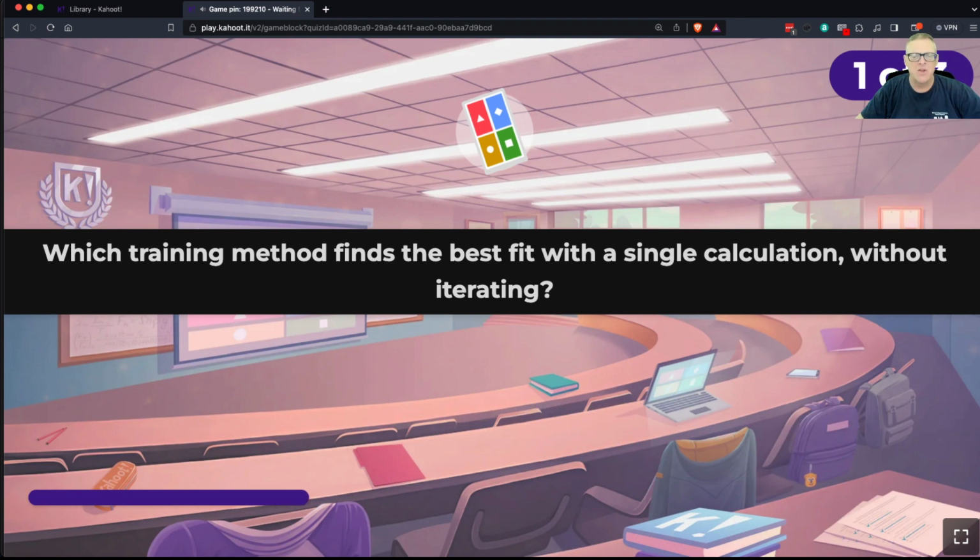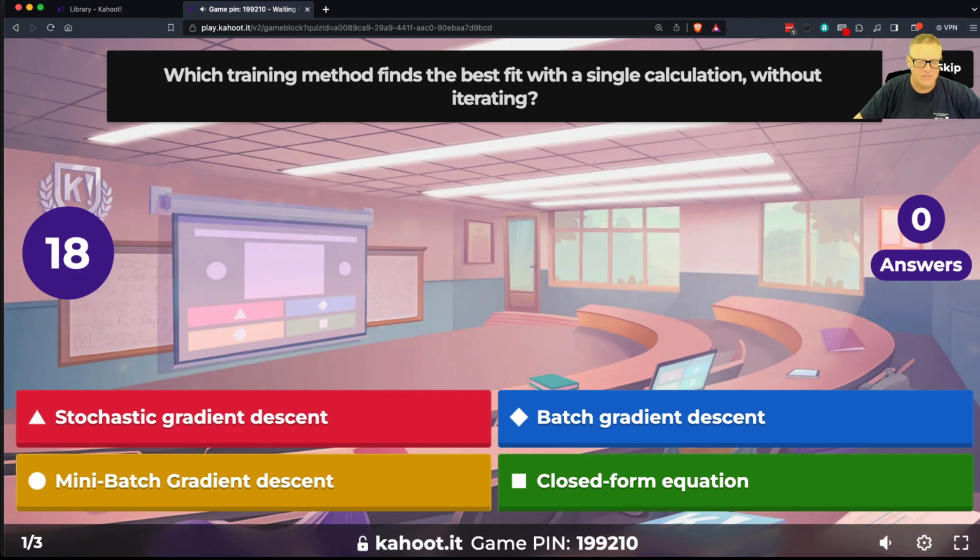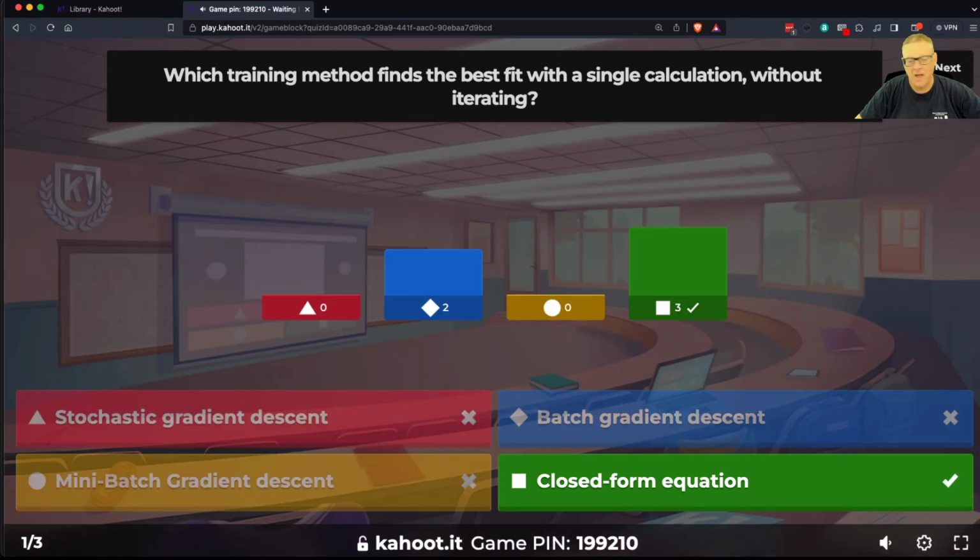All right, so which one uses a single calculation without iterating? The closed form equation, you don't even need a computer.